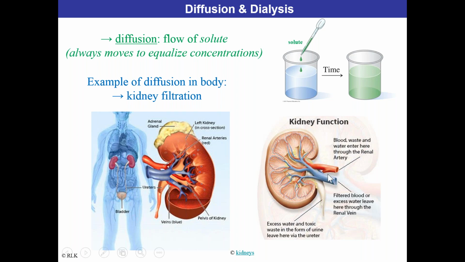And obviously, if there are problems with that filtering process, with the digestion of those foods, that's going to be manifested clearly. You're not going to feel very healthy. So the filtered blood or excess water leave through the renal vein, which is indicated by blue, and the excess water and toxic waste are then dumped.